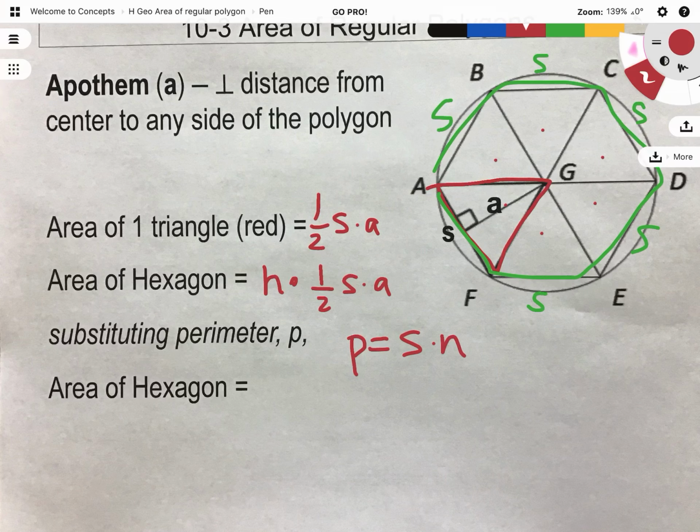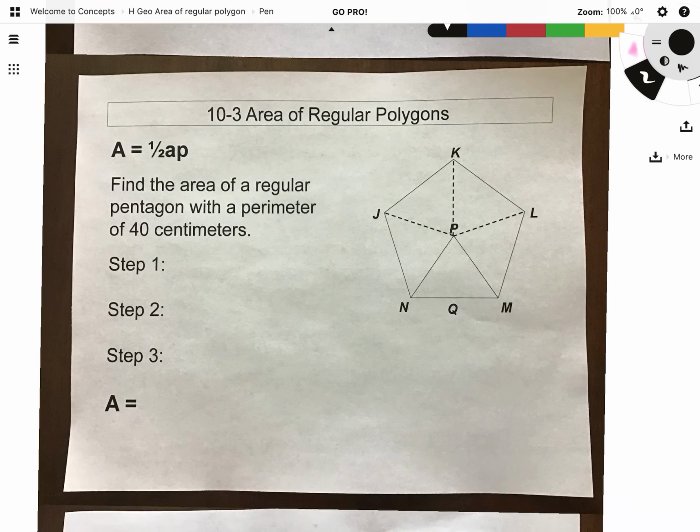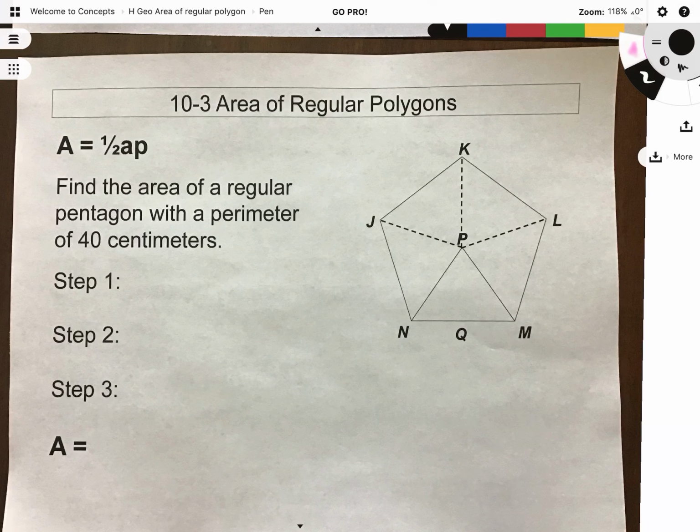And so we can substitute that into this equation here. What we end up with is the area of the hexagon is 1/2 a times P, where P is the perimeter and a is the apothem. We'll see on the next slide that that's exactly what we come up with. So 1/2 a times P.